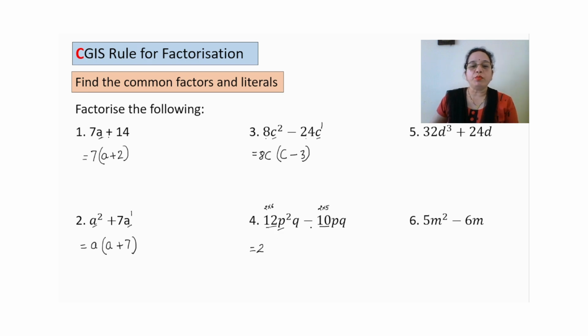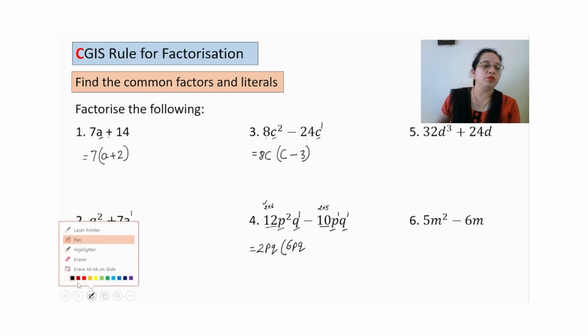Now p and p is also common. Same way q and q is also common. So 2pq will be common. Make a bracket. Now think 2. So this 2 we have written. So what is left over here? 6p q. Out of 2, 1 we have taken, and only q is only 1. So sorry, q will not come over here.